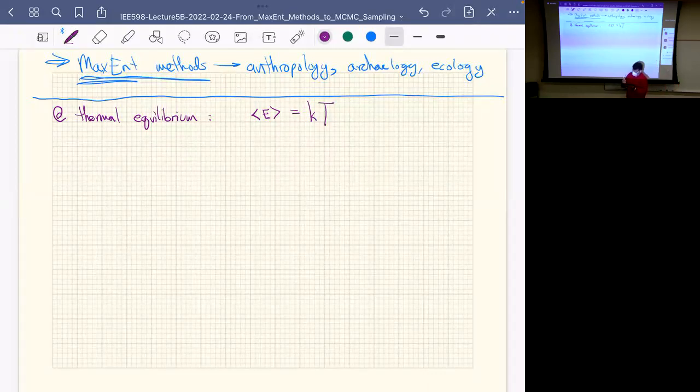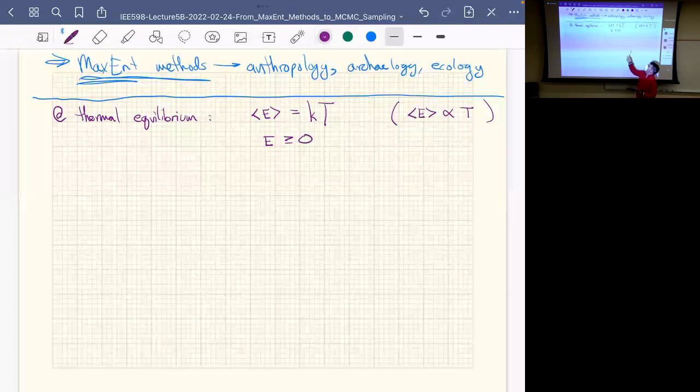So the average energy is proportional to temperature with this constant of proportionality K. This is a constraint. With this, I can then ask, what would the distribution of energy be across microstates given this constraint, given that all of the energies have to be greater than or equal to 0, and that the average energy is equal to KT.